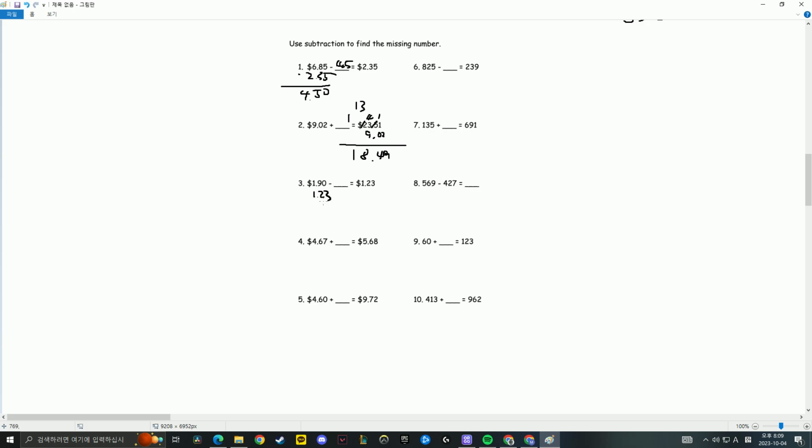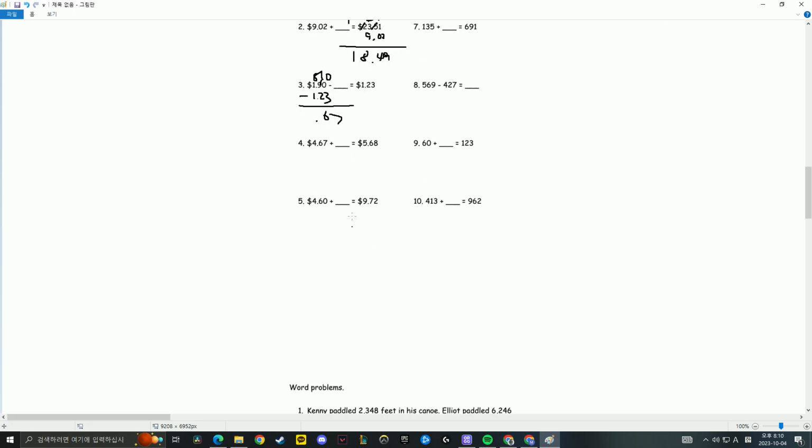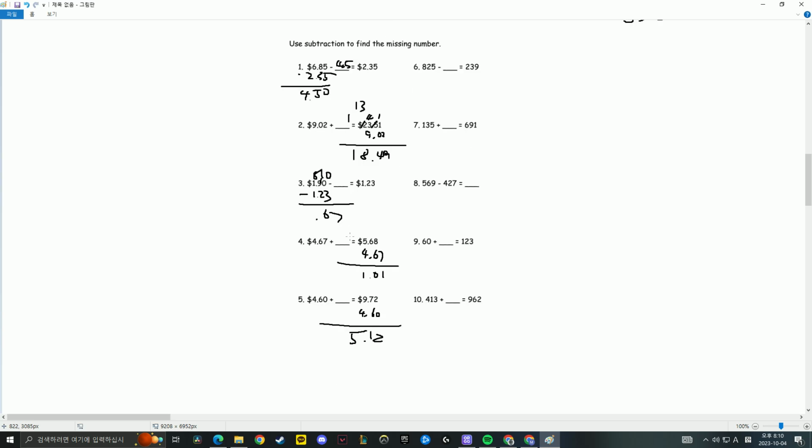It's 1.23, 8, 10, 10 minus 3 is 7, 8 minus 2 is 6, 1 minus 1 is 0, 67 cents, and 4.67 plus, it gets bigger, so we're subtracting this way. 1, 0, 1, and it gets bigger, so we're subtracting right here again, so that would be 4.60, 2, 1, and 5. Yeah, you guys could do number 6 through 10.